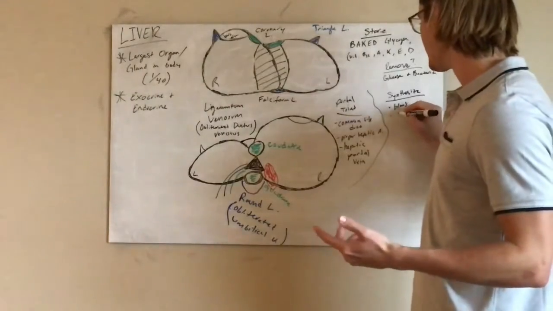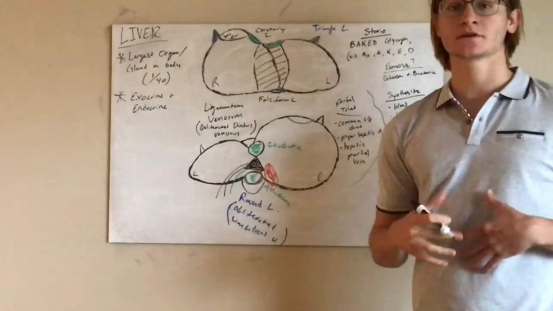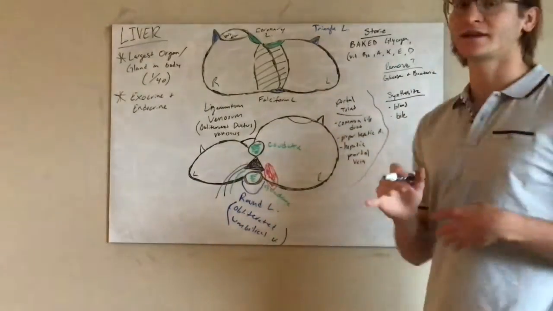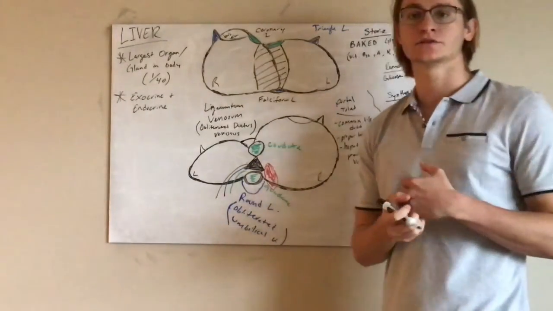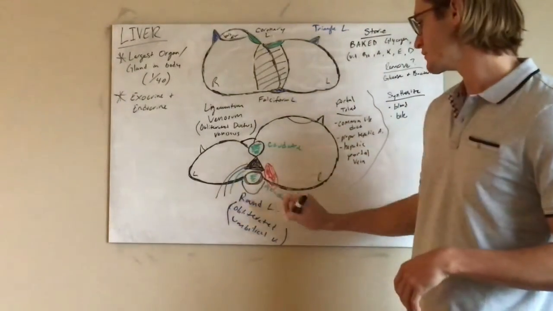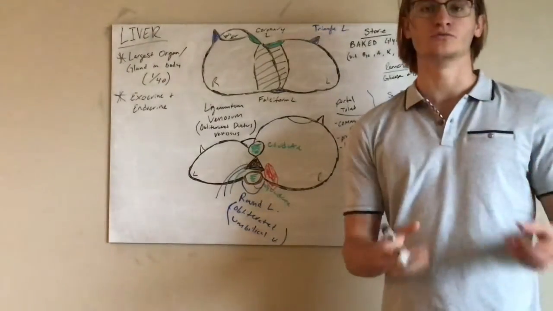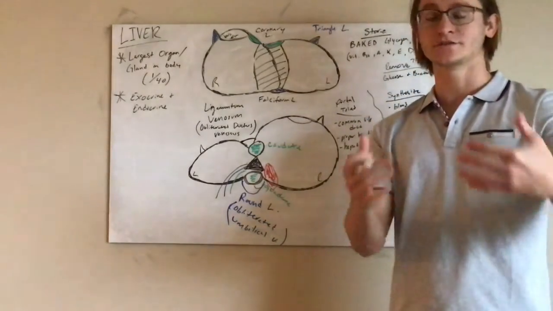It's going to synthesize bile, and bile is very important in the stomach. So that's going to be extremely important, but it's not going to stay there. It does not store bile. So I'm going to talk to you about where the bile goes. Well, it actually will go to the gallbladder, and the gallbladder will remove the water, thus concentrating the bile, and then getting the bile ready to go into the stomach.